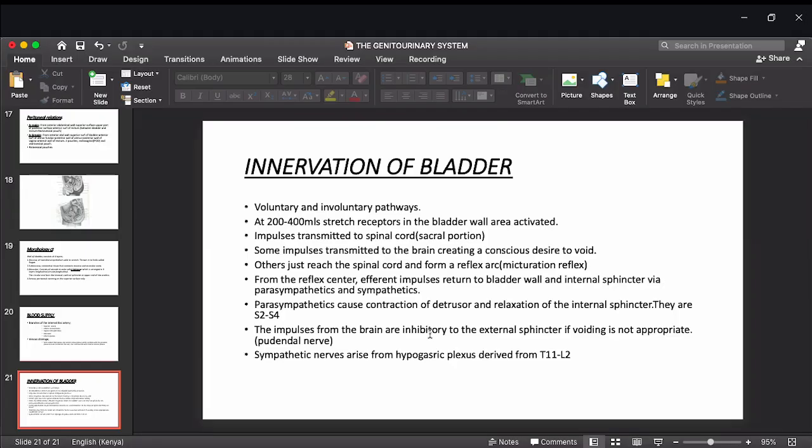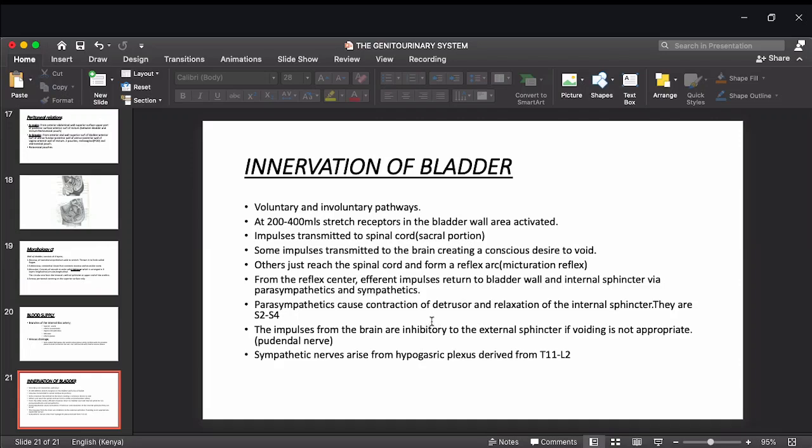The innervation of the bladder, as we indicated, is through sympathetic and parasympathetic fibers. Parasympathetic from S2 to S4, while sympathetic arises from the hypogastric plexus, T11 to L2. You can also have inhibition.